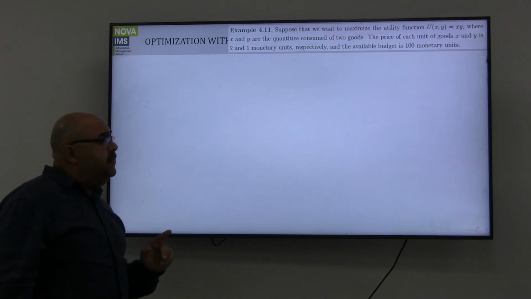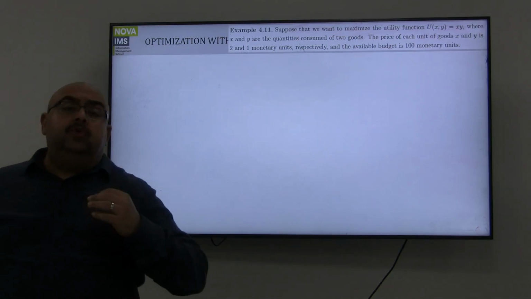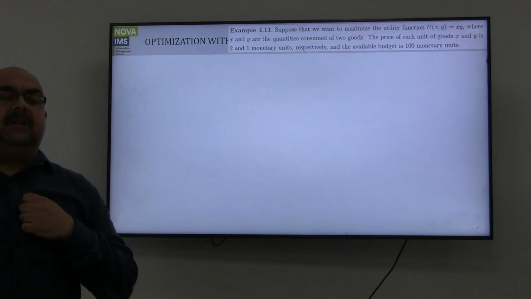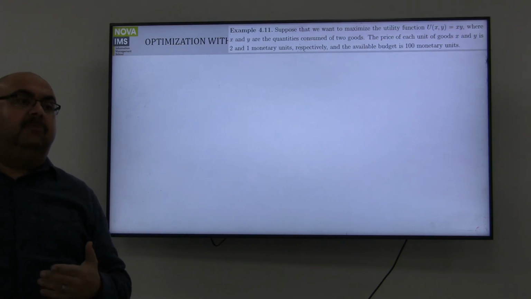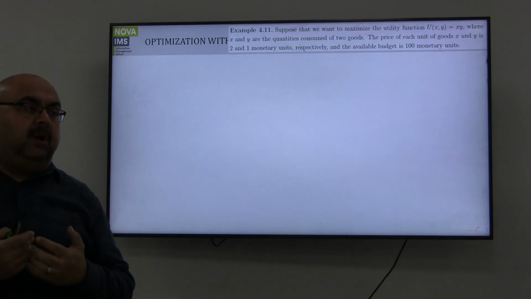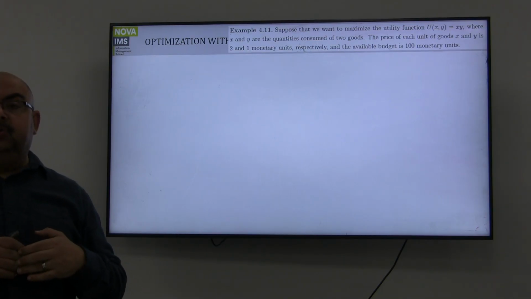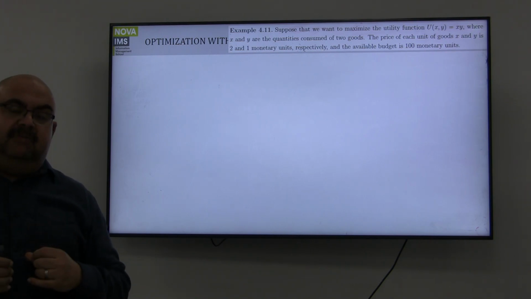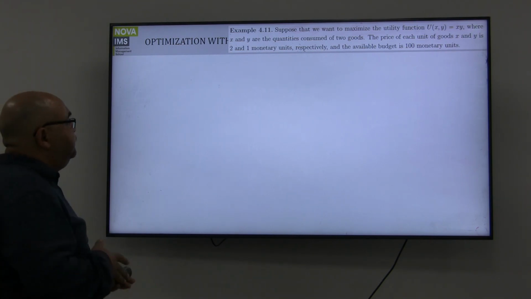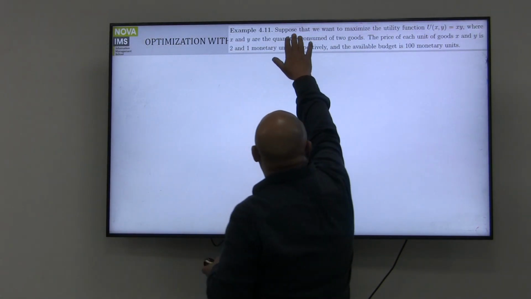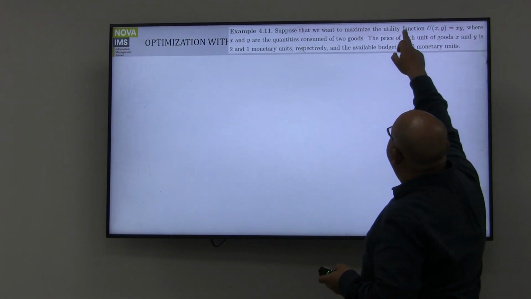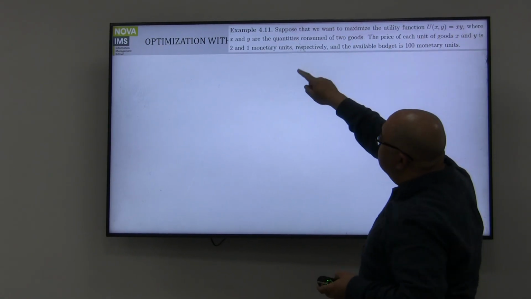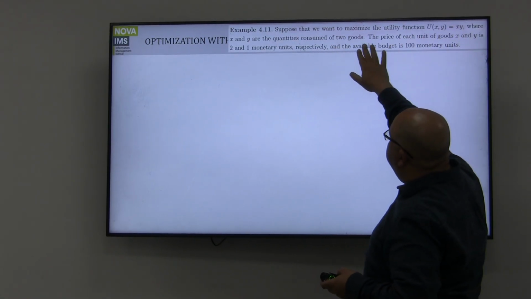In this problem, you will need to read it and formulate your problem. That's an example of how it goes if I'm trying to explain my problem to someone and come to a suitable mathematical formulation. Here, it's telling you: suppose that we want to maximize the utility function u of x,y, which is xy, where x and y are quantities consumed of two goods.